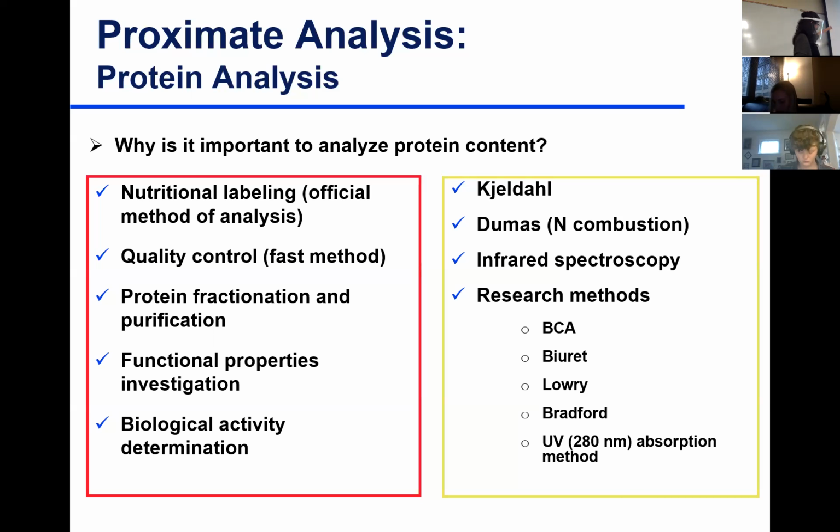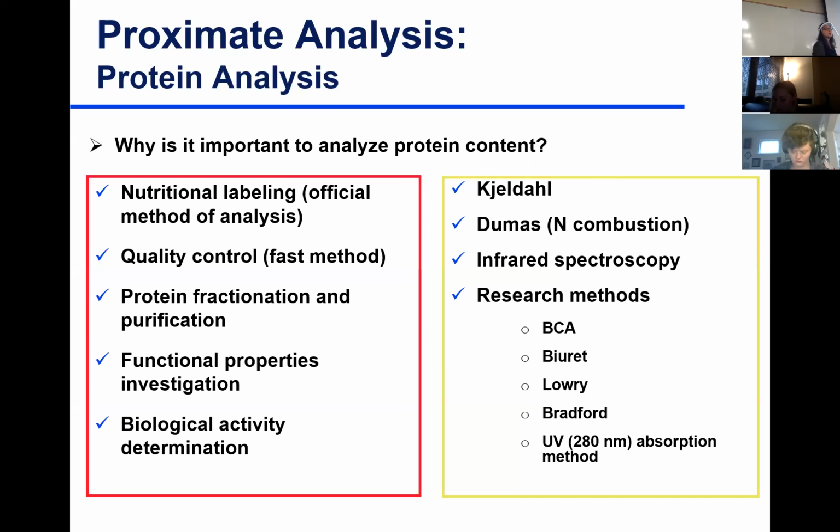Another is protein fractionation and purification, which could be on a research basis or also on a large scale. That is related to the example I gave earlier: when you fractionate, you get an isolate or a protein ingredient, and you want to know which category you can label it, an isolate, a concentrate, and so on.